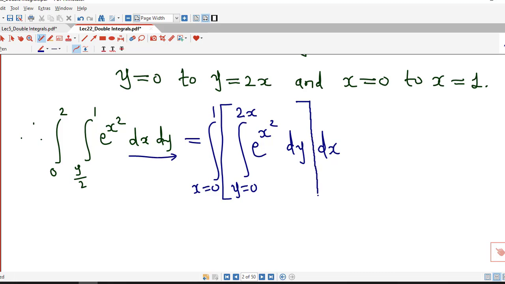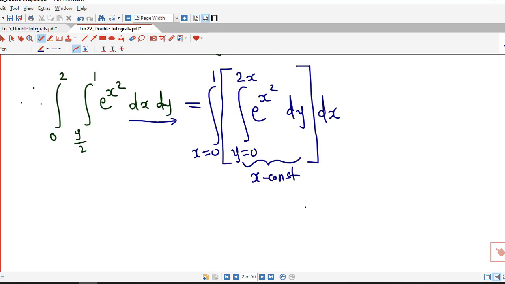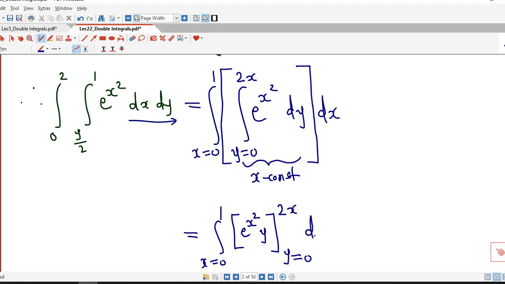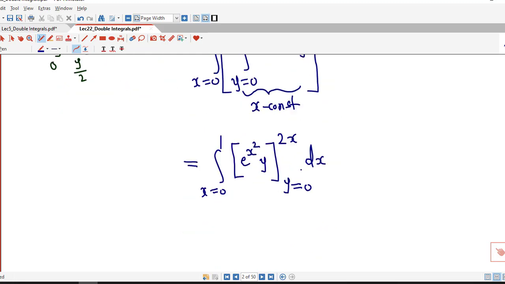Now for this inner integral, we will consider x as constant. So if x is constant, e raised to x square is also constant. So the integral is e raised to x square constant, and the integral of dy is y, and the limits of y are from 0 to 2x, and then we integrate with respect to x.